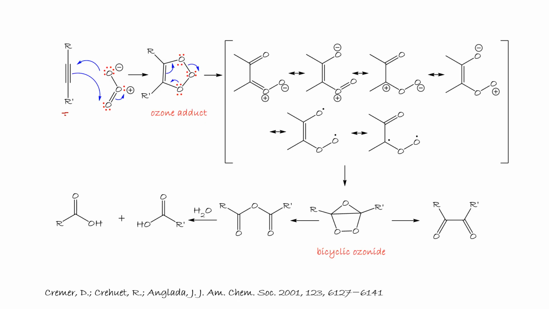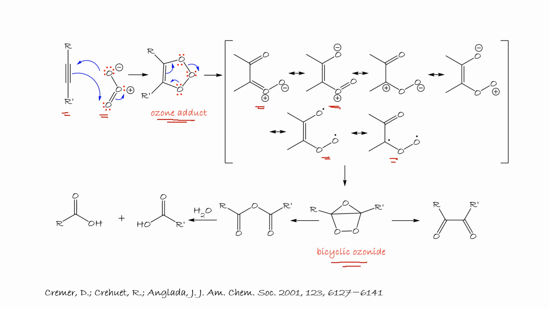Reacting alkyne with ozone will lead to the formation of an ozone adduct as a first step. The ozone adduct is not stable, and will undergo ring opening to give either an ionic species or a biradical species, which are in resonance with each other, followed by ring closure to a bicyclic ozonide.